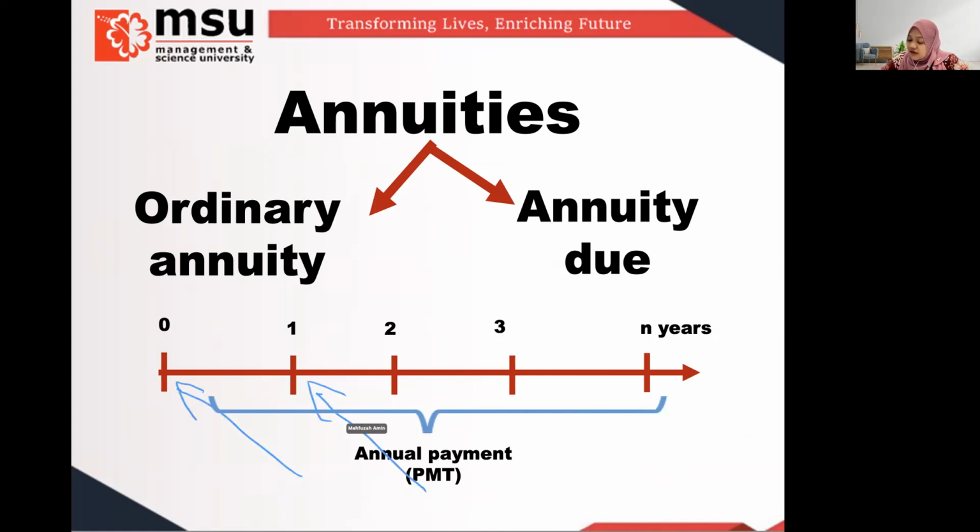So year 1, the payment will happen at the beginning of year 1. Year 2, the payment happens at the beginning of year 2. Year 3, the payment will happen at the beginning of year 3 until the end of the years. Okay, so every year the payment will happen at the beginning of each year.